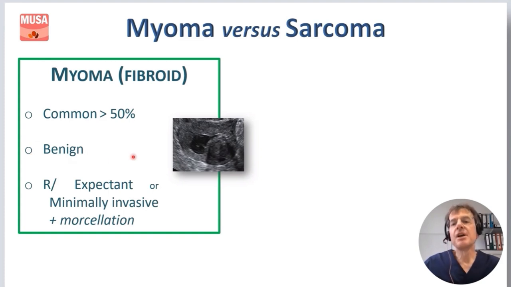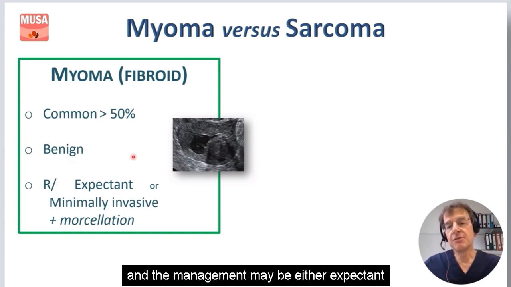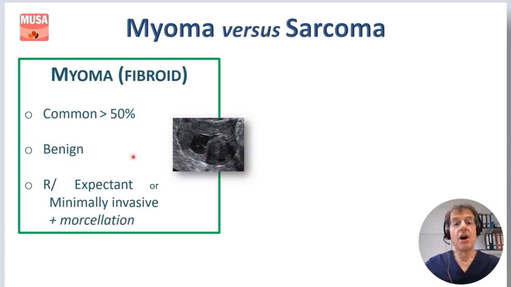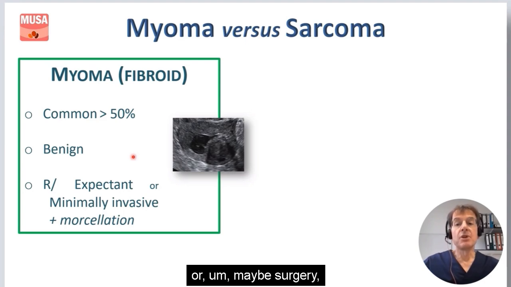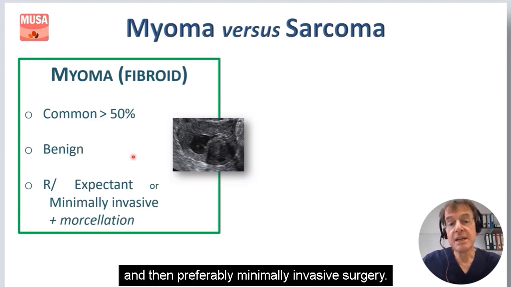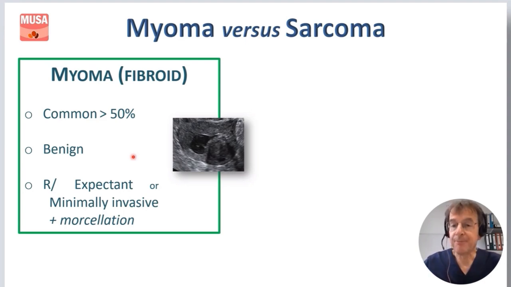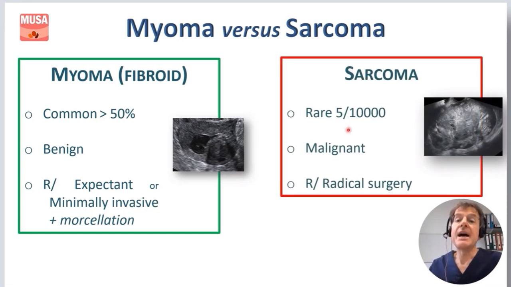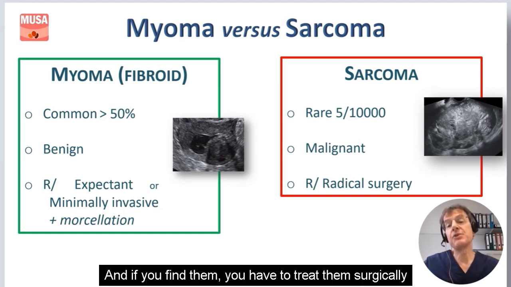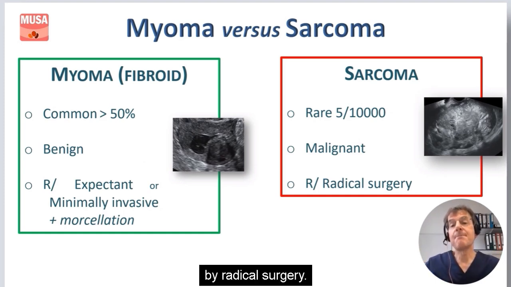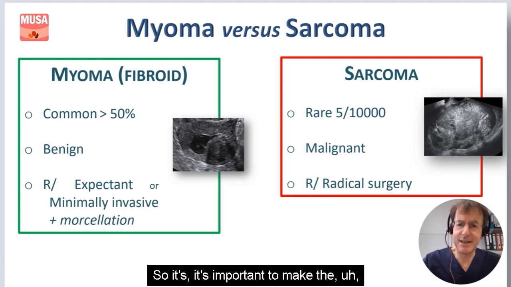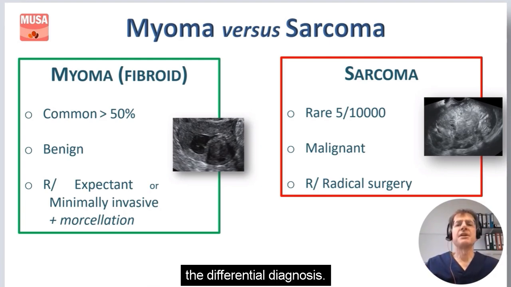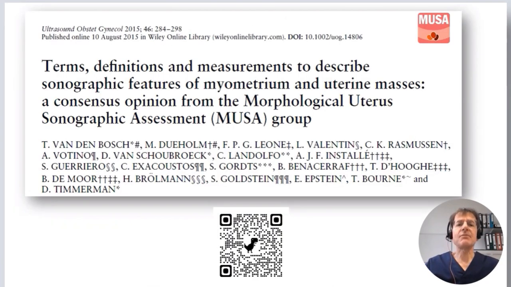It's benign, and the management may be either expectant or surgery, preferably minimally invasive surgery. On the other hand, sarcomas are very rare, but are highly malignant. And if you find them, you have to treat them surgically by radical surgery. So it's important to make the differential diagnosis.